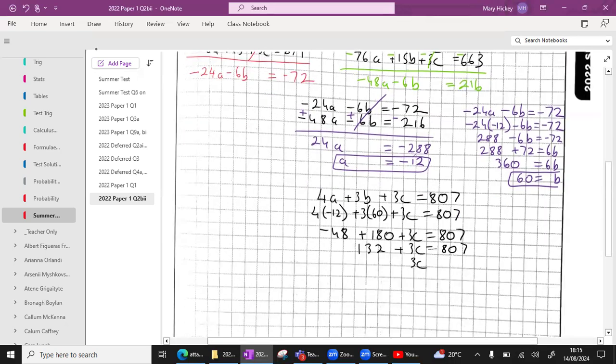So rearranging, 3c is 807 minus 132. That's 675. And we're now going to divide the 3 in, so that's 225. So c is 225.